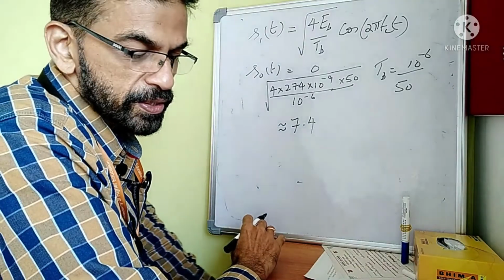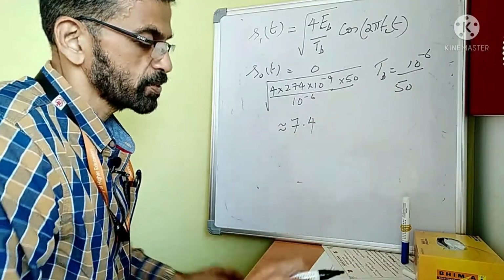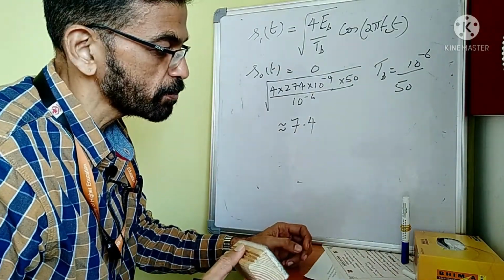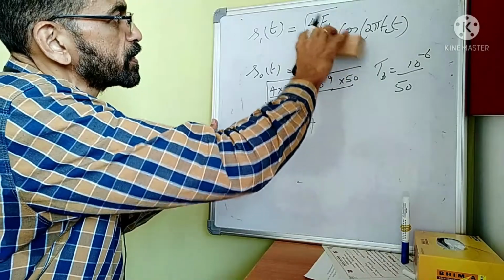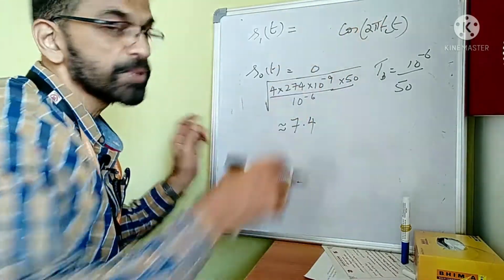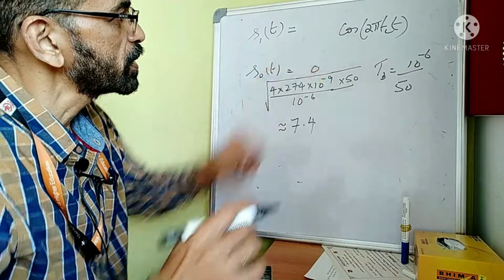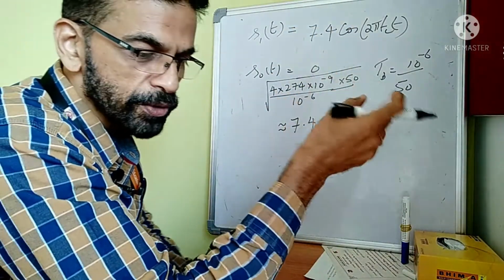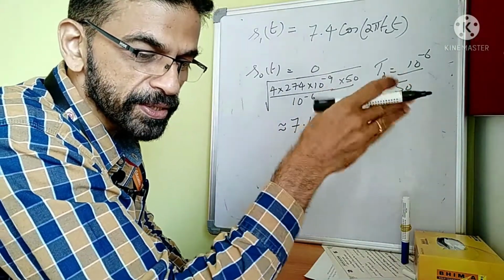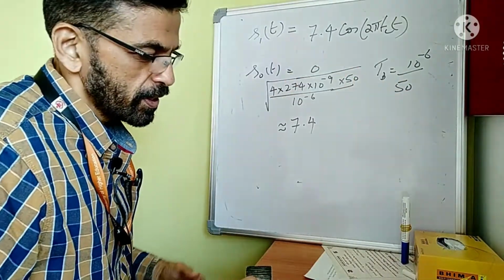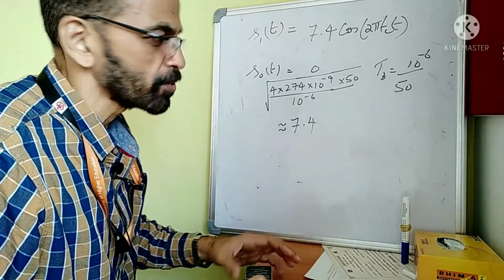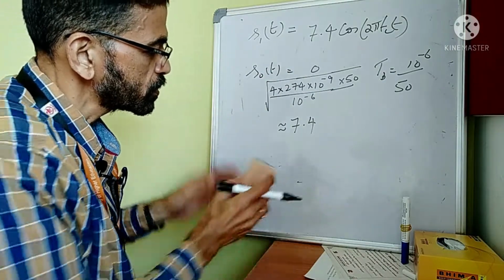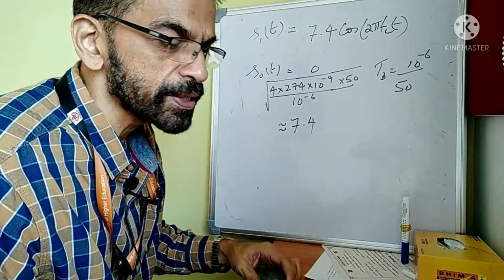And that means that, to have a bit error rate of 10 power minus 4, the received signal's amplitude has to be at least 7.4. If it is more than 7.4, your bit error rate will be better, in the sense it will be an improved bit error rate, and the probability of error will be smaller. And S0(t), of course, 0.